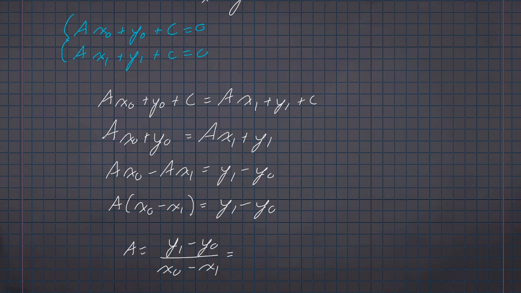So if I switch the order of subtraction in the denominator here, I'll get the opposite of y1 minus y0 over x1 minus x0. And that fraction, y1 minus y0 over x1 minus x0, is exactly the thing that we called m in the setup of this theorem. So we have a negative in front, which stays in front. We have a fraction, which we called m. We get that a is the opposite of m.